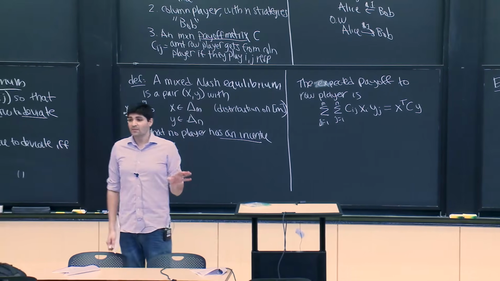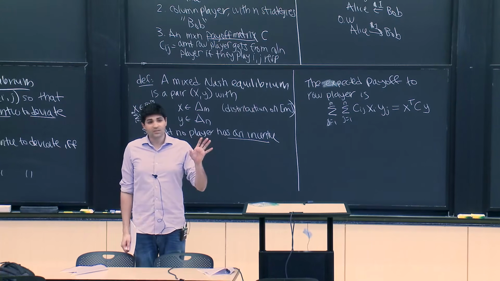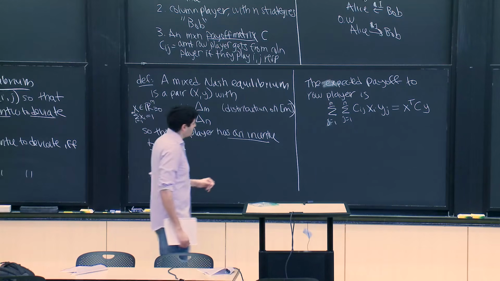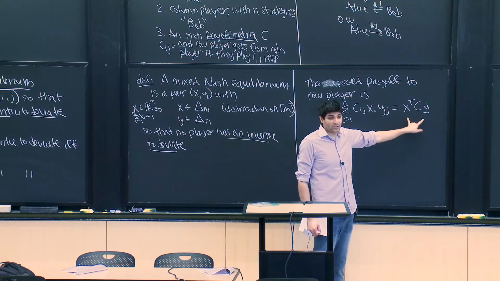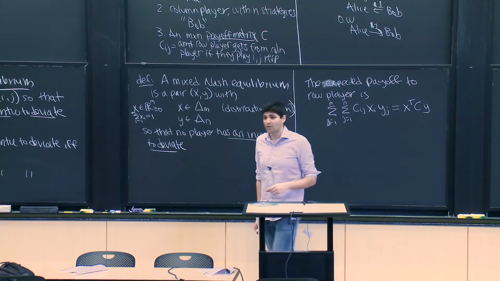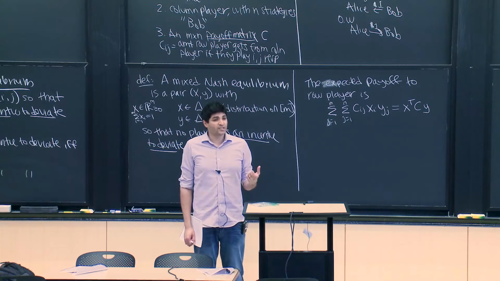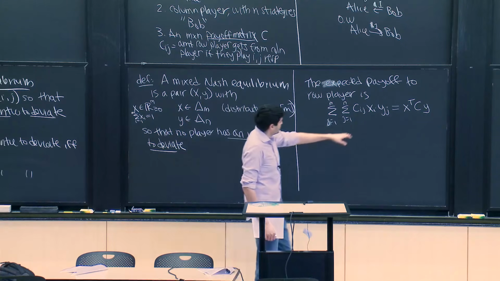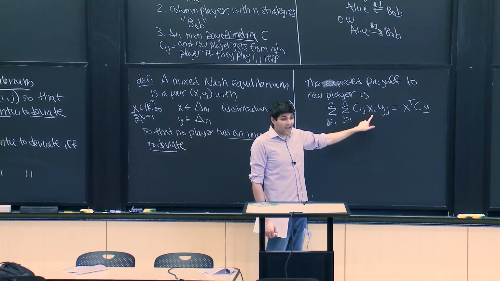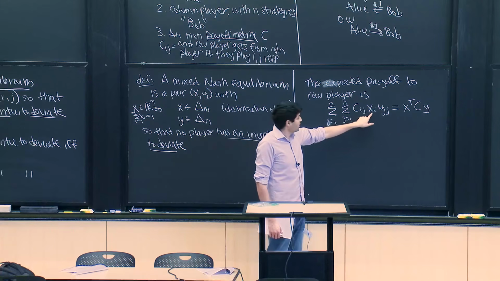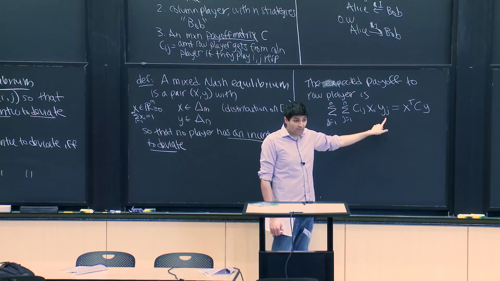So all I'm doing is saying, all right, you've announced that you're playing strategy X and you're playing strategy Y. The first thing I could care about once you've announced those strategies is how much does Alice win in expectation? And this is a very simple probabilistic computation, because it's the probability that Alice plays strategy i, given by the ith coordinate of X, times the probability that Bob plays strategy j.